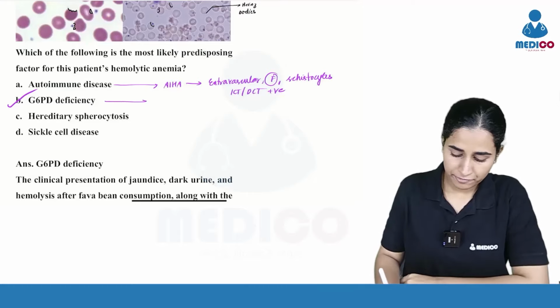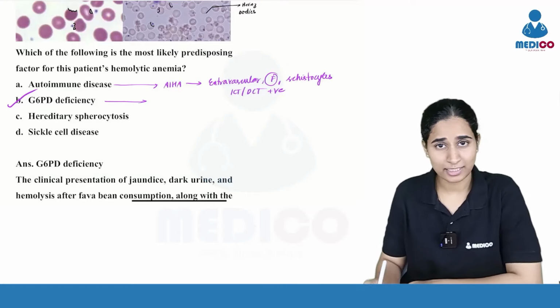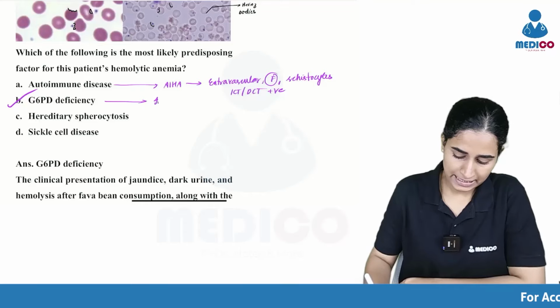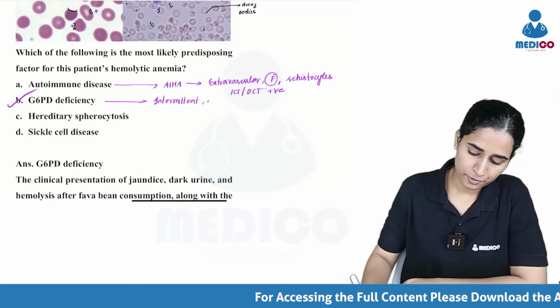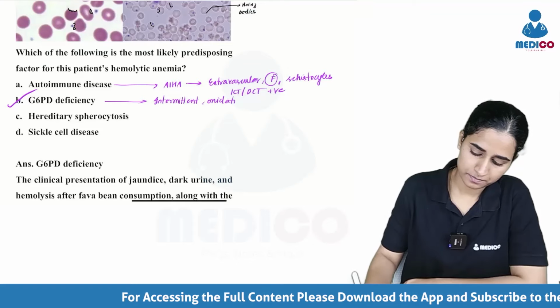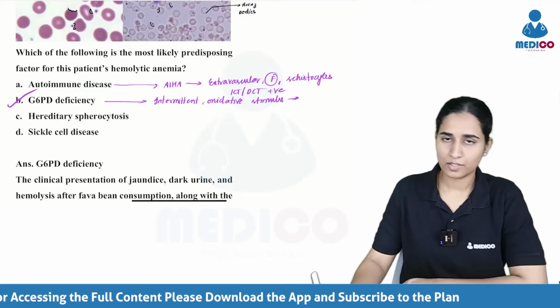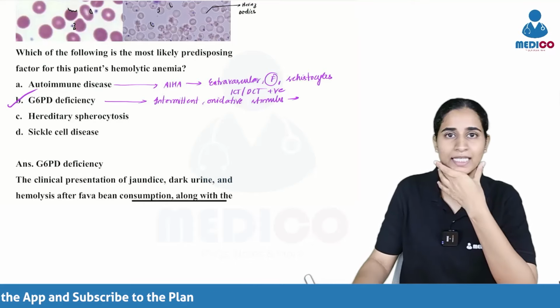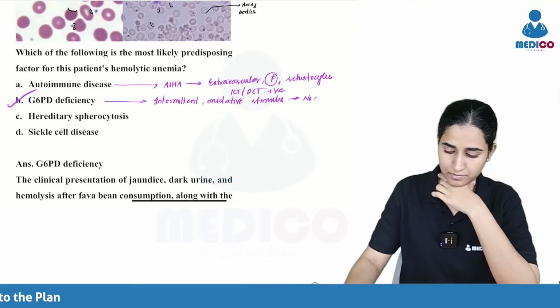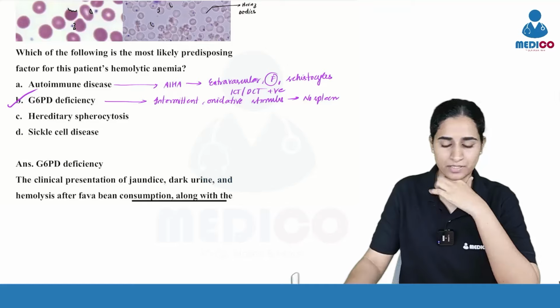Coming to G6PD deficiency, yes, it is a hemolytic anemia, which is intermittent on exposure to oxidative stimulus. Because it's an enzymopathy. G6PD is an enzyme, right? So it's an enzymopathy and there is no spleen involvement here. That is, splenomegaly is absent.